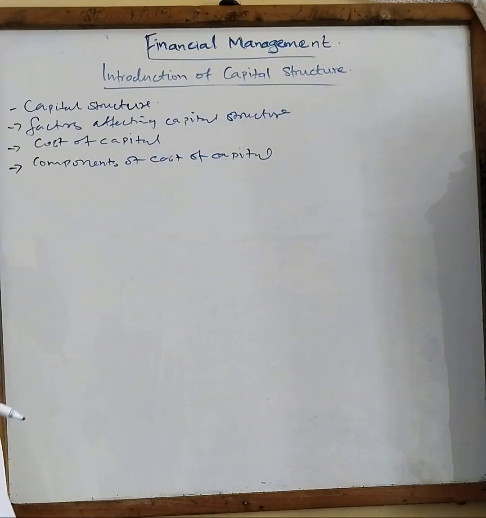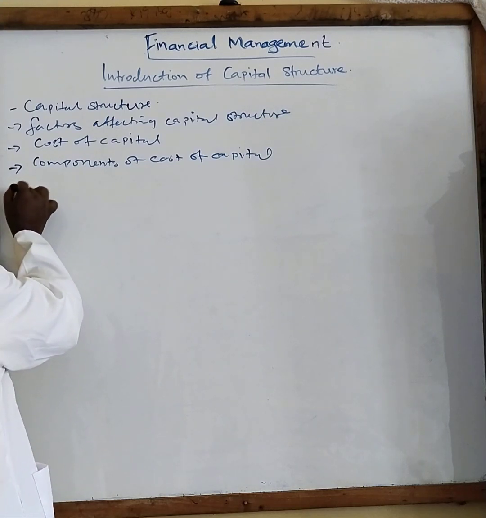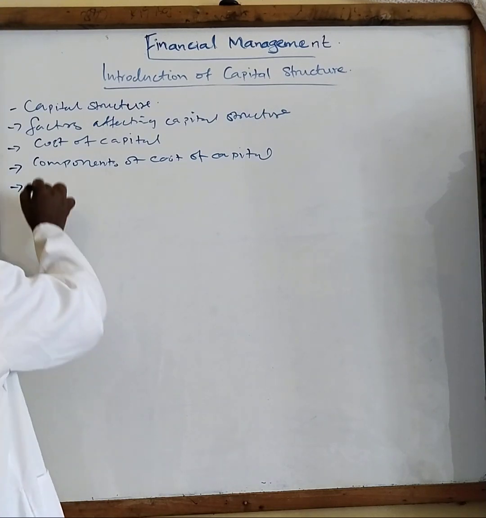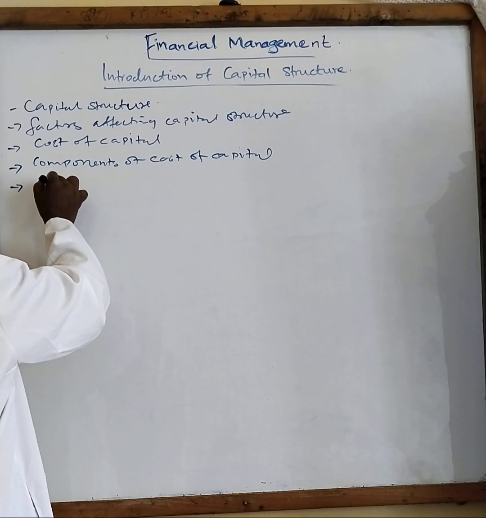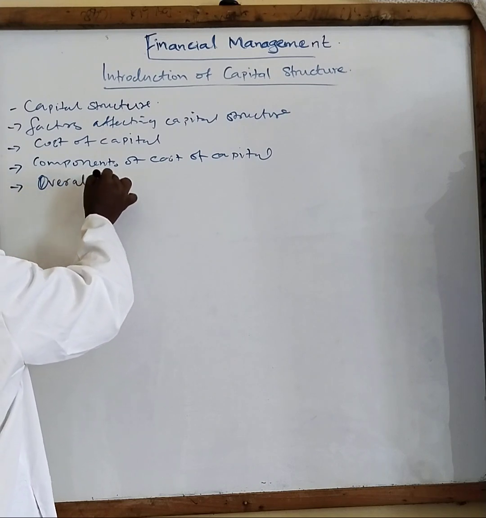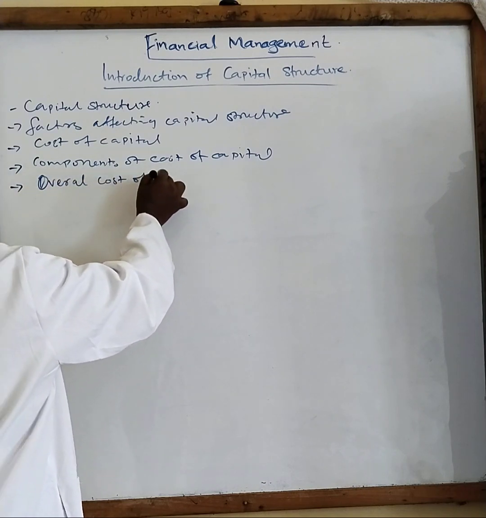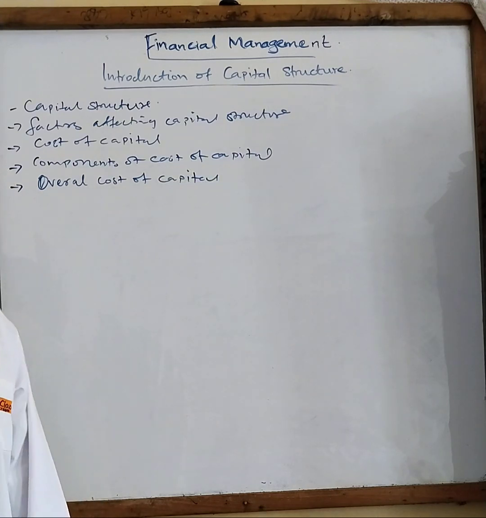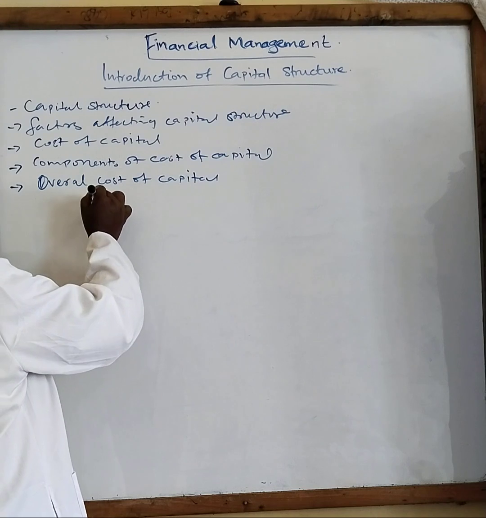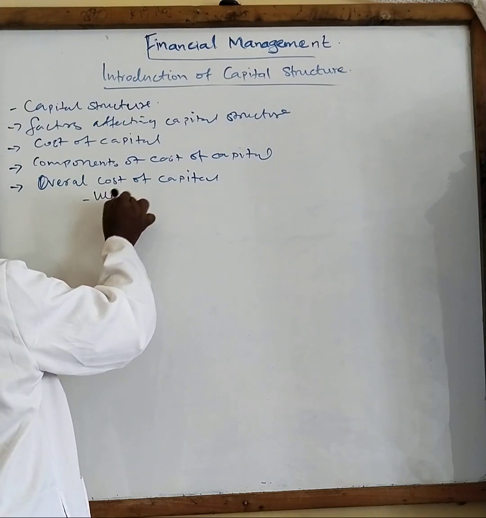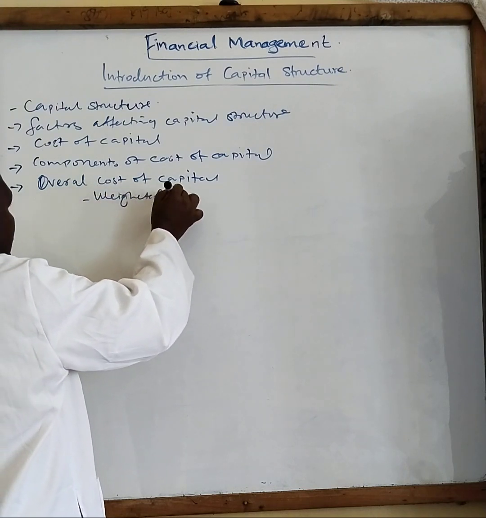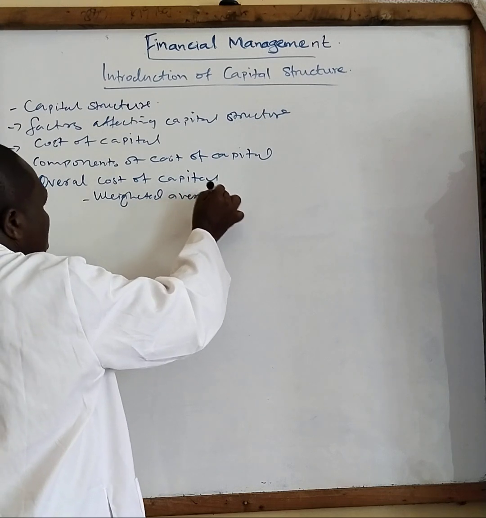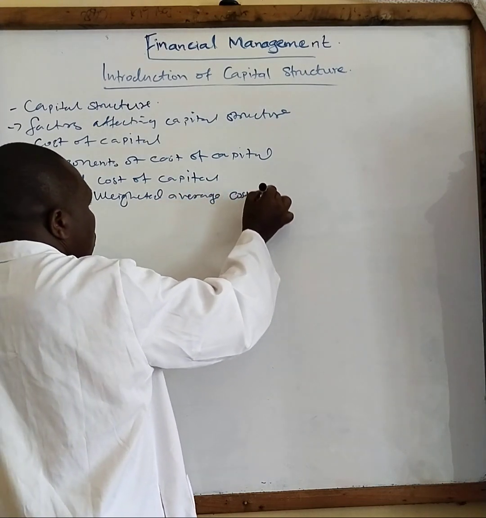And finally, I will close today with a subtopic called overall cost of capital. Under this overall cost of capital, I will be discussing the weighted average cost of capital.